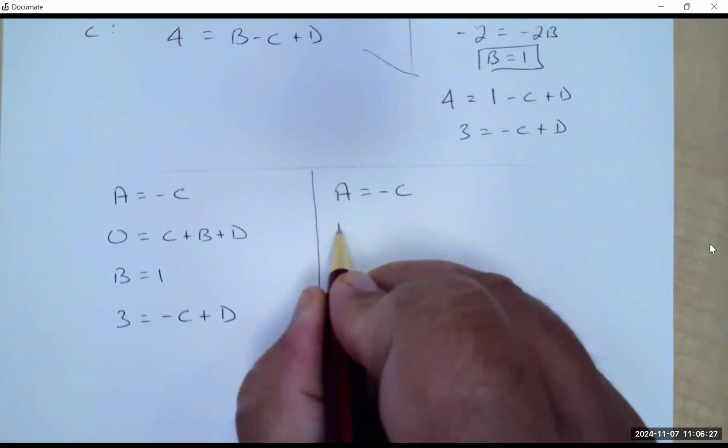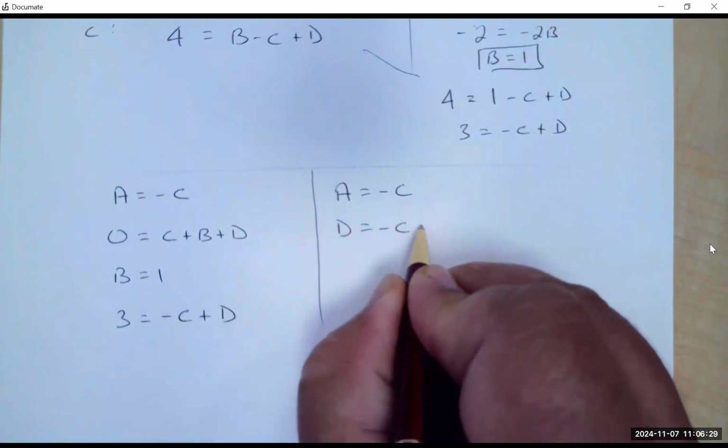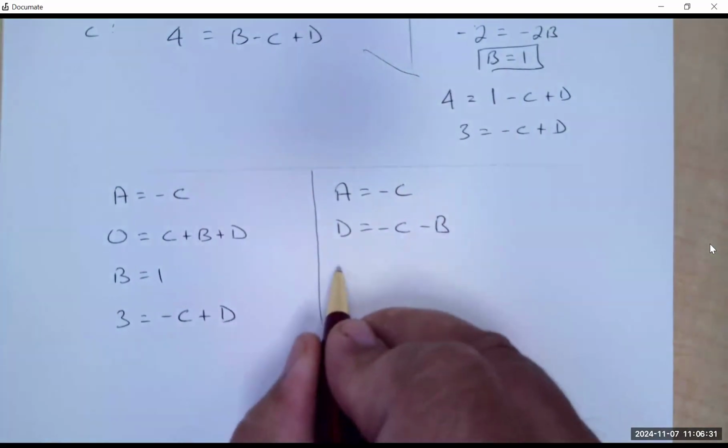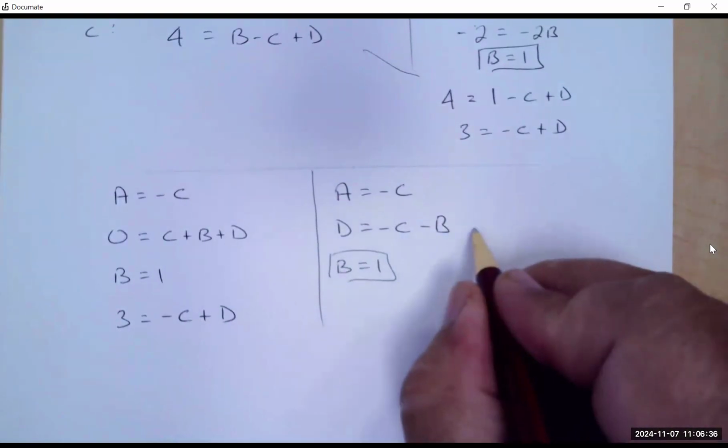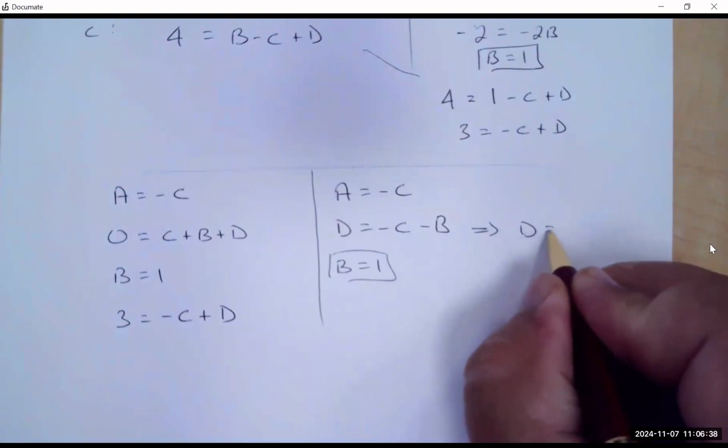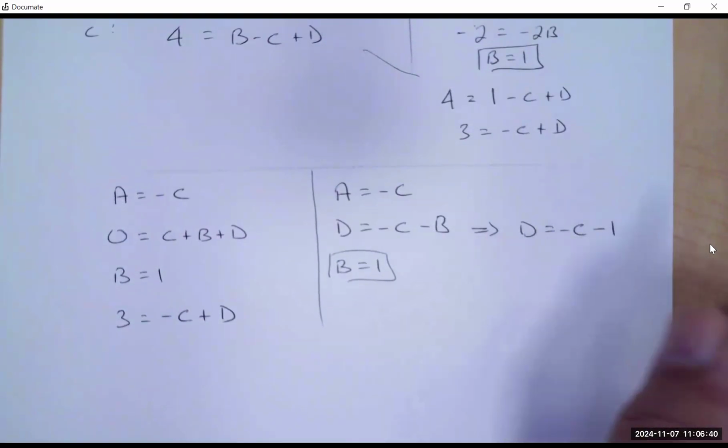Solve for D. So D is equal to negative C minus B. E is equal to negative C minus 1.